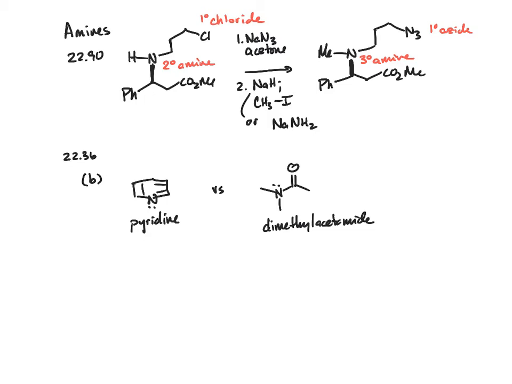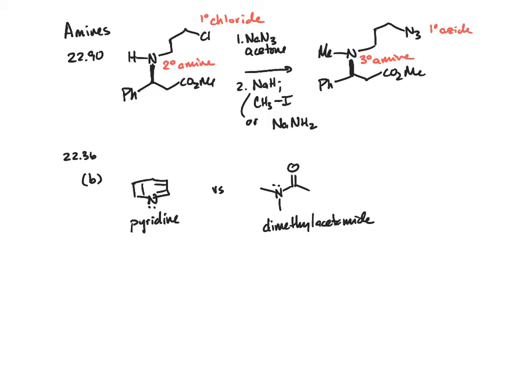So which one do you think will be the better base? The ace of base, as it were. The pyridine is. What's important to recognize is, this is the letter N, and that's 2 dots, and it's the same thing. This lone pair resides in an sp2 hybridized orbital.